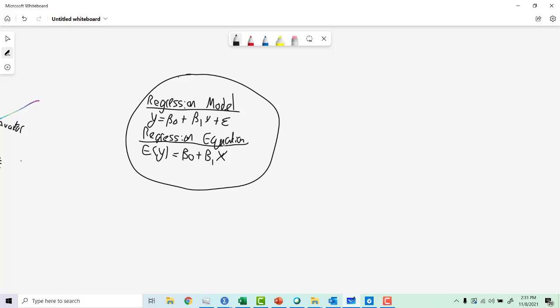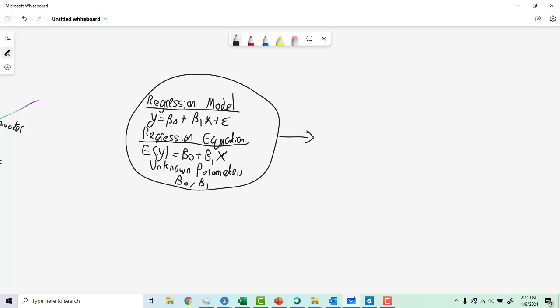So without any error, we have a regression line, plus we have error. This is a very conceptual definition of a regression line. And we know that we have 2 unknown parameters, which are beta 0 and beta 1.